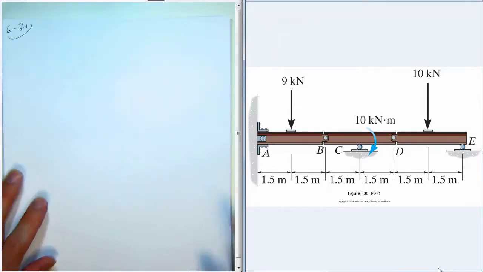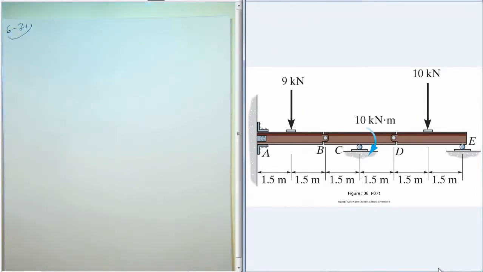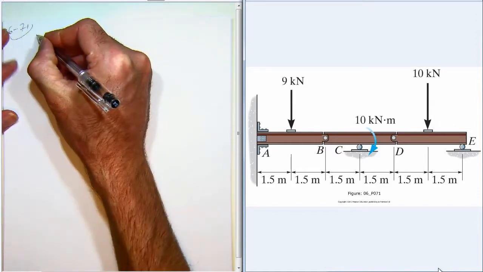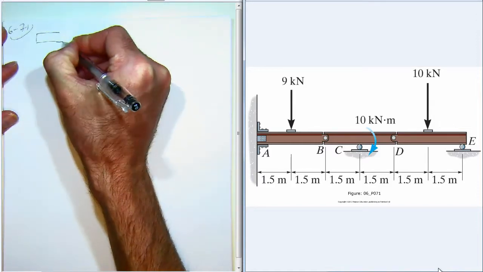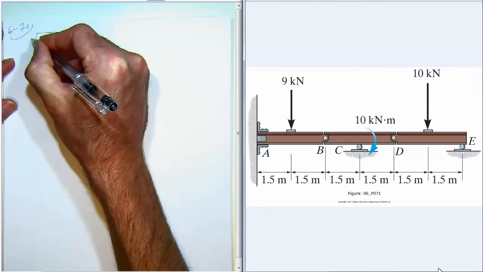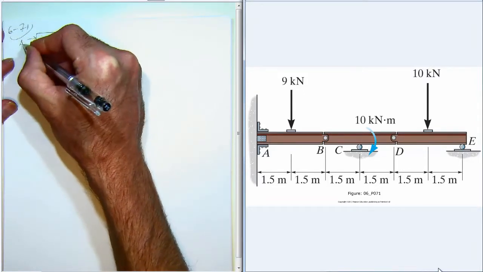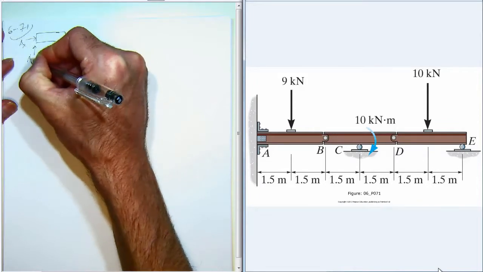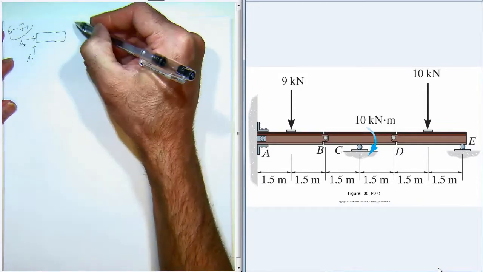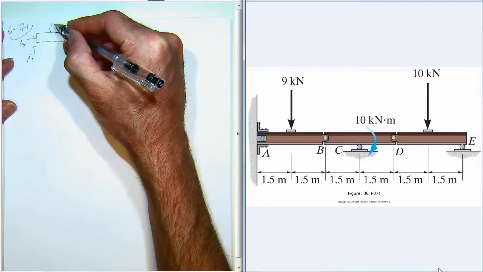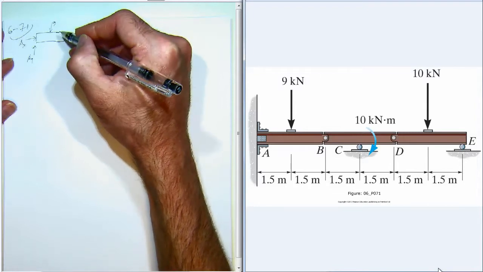So again, identify 2 force members. There are none in this problem. Draw free body diagrams of all the members. So I'll just go from left to right. This has a fixed support on the left side, so you got AX, AY, 9 kilonewtons acting down.